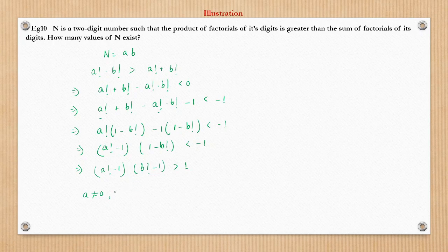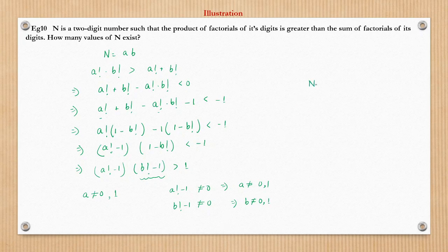Similarly, b factorial minus 1 is not equal to 0. So this means a not equal to 0, 1 and b not equal to 0, 1. So all the rest of the values a and b can take.